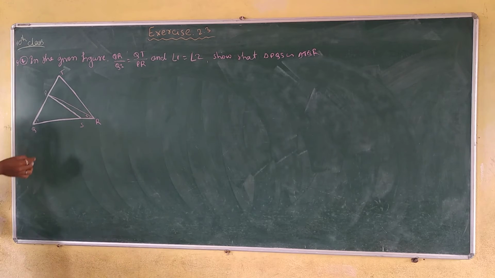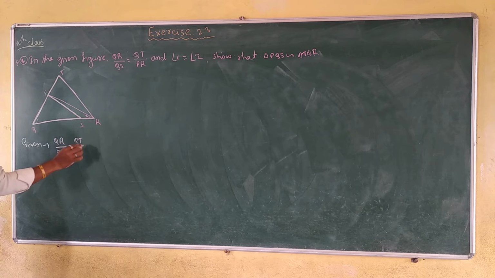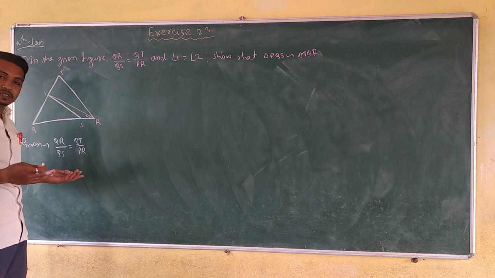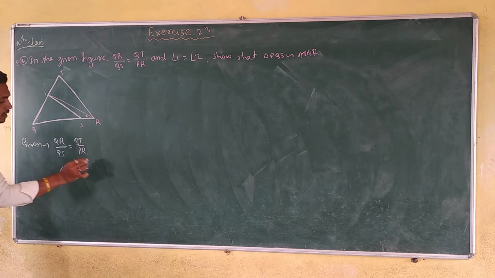Next, see here. First we have to write the given data. Given data is QR divided by QS is equal to QT divided by PR. The corresponding side ratio has to be the same here. Next, angle 1 is equal to angle 2.